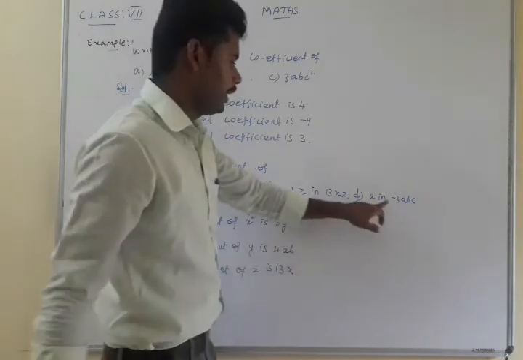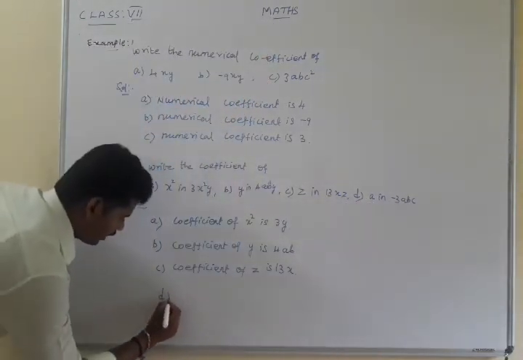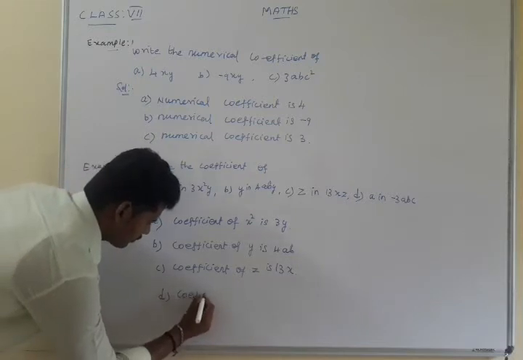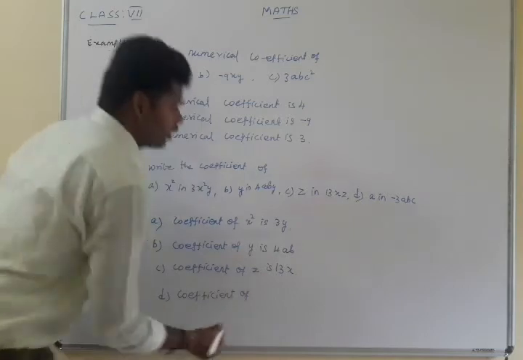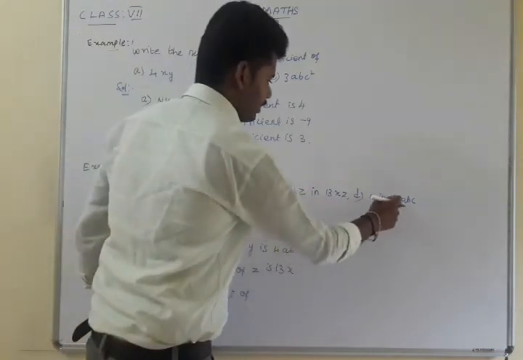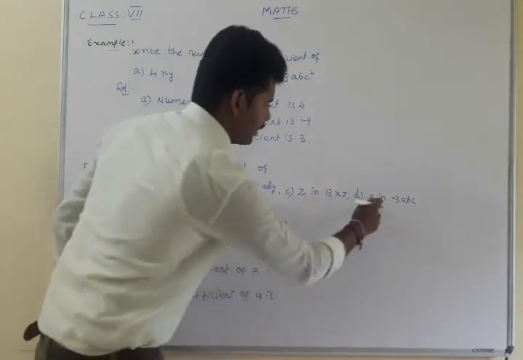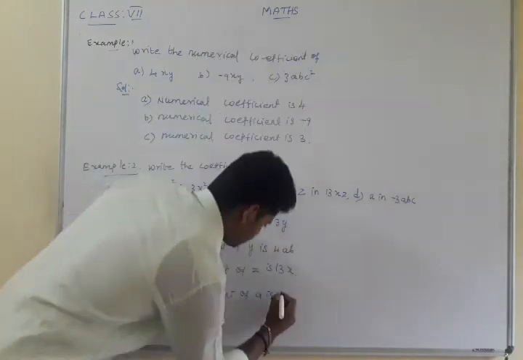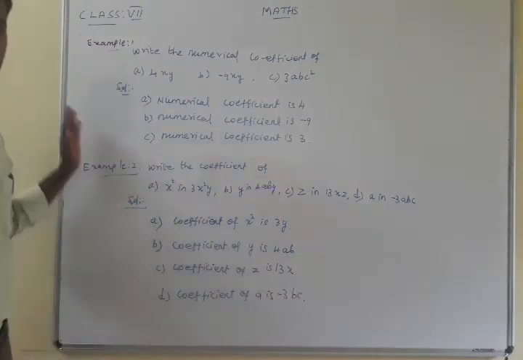Next one, D, coefficient of a in minus 3abc: a, the remaining term is minus 3bc. So this way we find the coefficient.